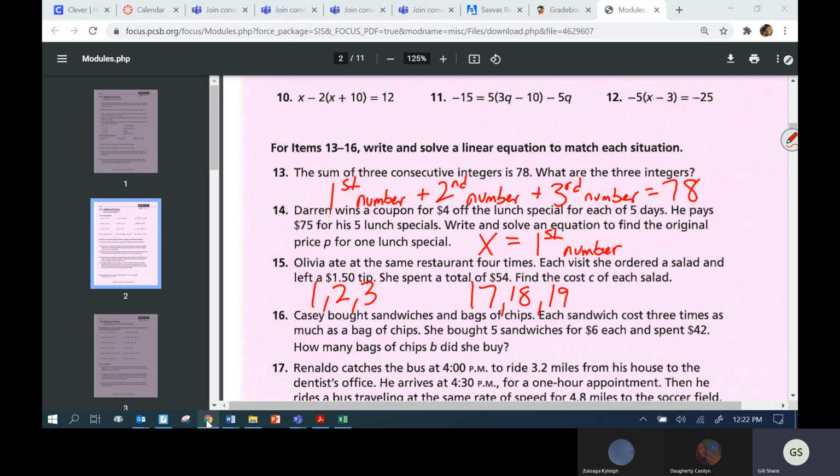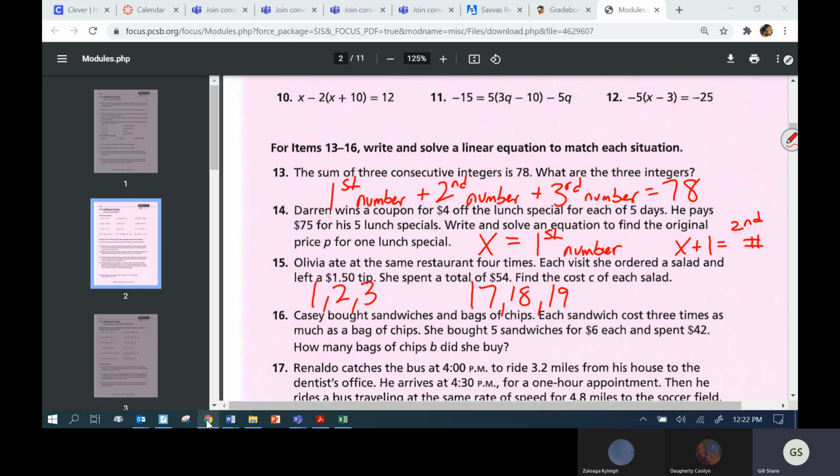What am I doing to get from the first number to the second number? I'm adding 1, right? So x plus 1, that's my second number. That symbol means number, for those of you not familiar. So all I did is I added 1, and that will give me my second number.